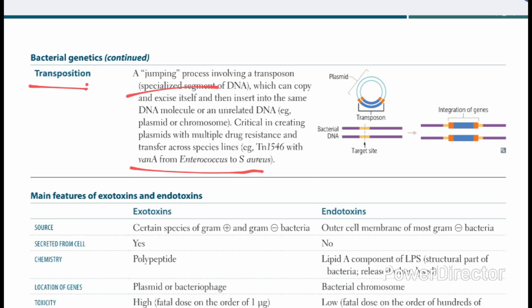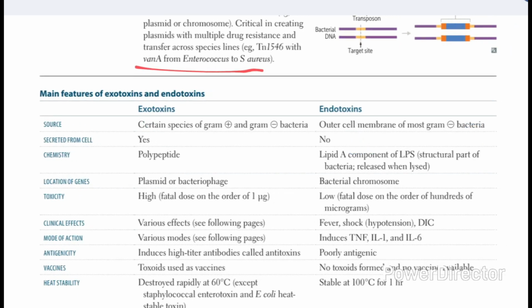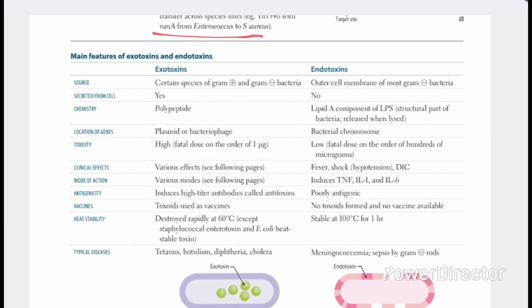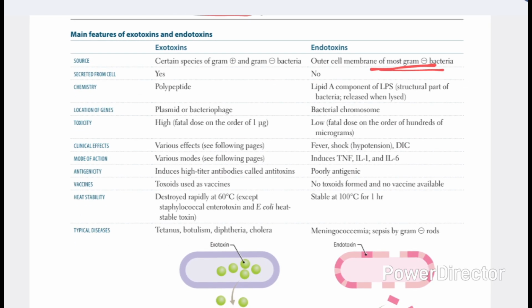Then, ending our session with some main features of exotoxins and endotoxins. Exotoxins are characteristic features of certain gram-positive and gram-negative bacteria, whereas endotoxins are found in gram-negative bacteria only. The exotoxins are released from the cell, whereas endotoxin is embedded in the cell and is not released until the bacteria dies.